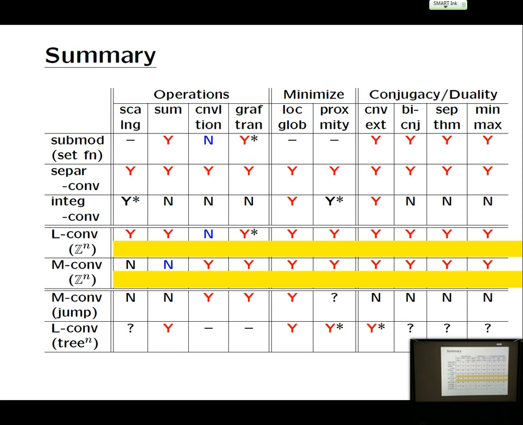The blue N's are so-called controlled, so we understand what they are. For submodular functions, the convolution is not true, but it corresponds to matroid intersection, so that's fine. In the same way, this no is fine, because we know that the conjugate is yes. And here it's okay, because this conjugate is yes. The other black N's are sort of unfortunate.